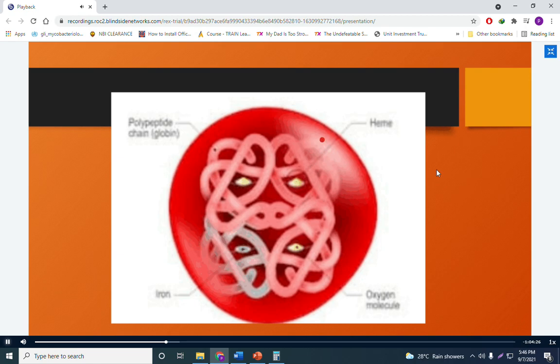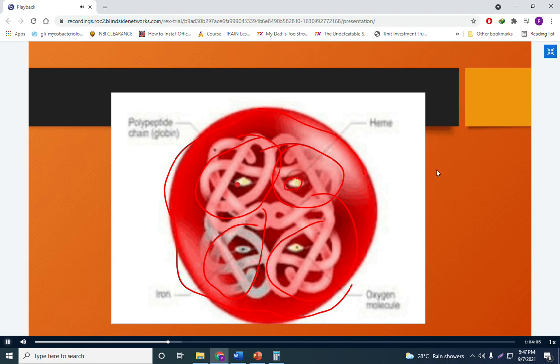This is the appearance of your hemoglobin molecule. Class, these chains that you see are the globin chains. So, one globin chain, second, third, fourth set. Now, it contains your heme.